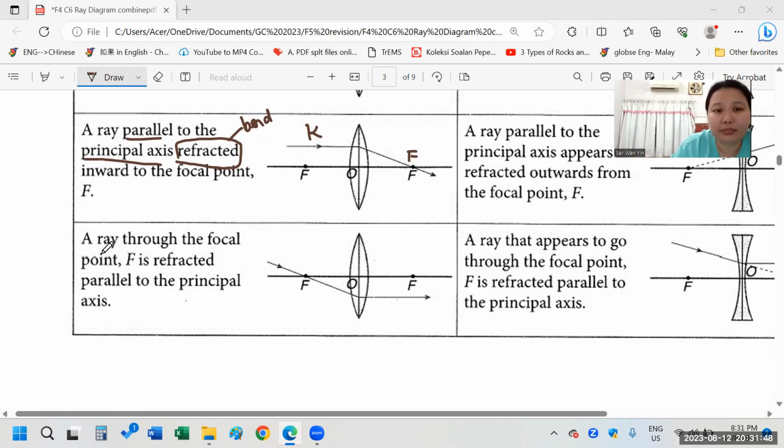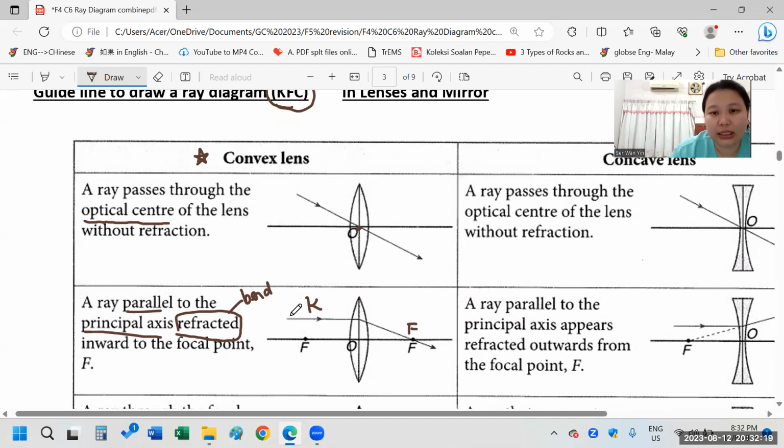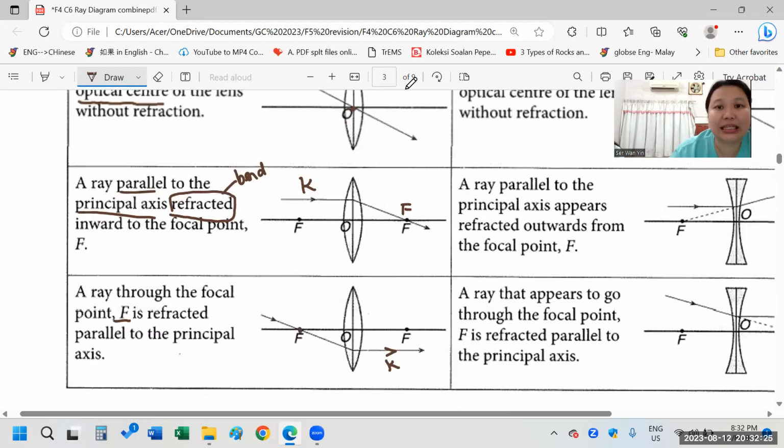Alright, so now a ray through the focal point. When the ray goes through the focal point before the lens, it will be refracted, meaning bend, parallel to the principal axis. So this is called FK. C, KF, so KFC or FKC.